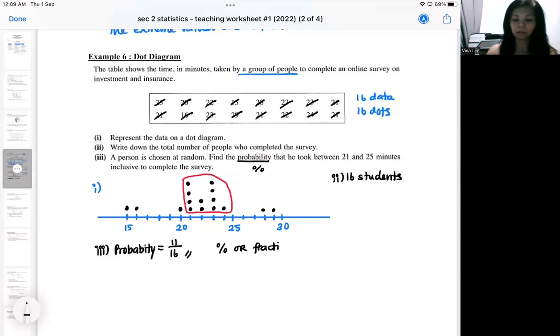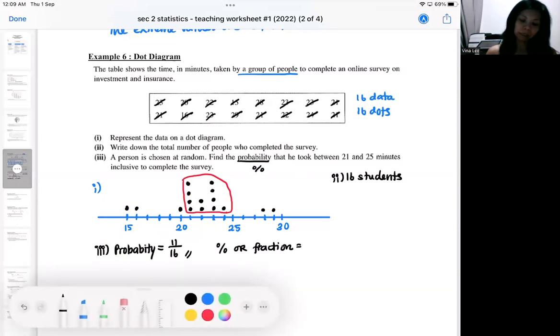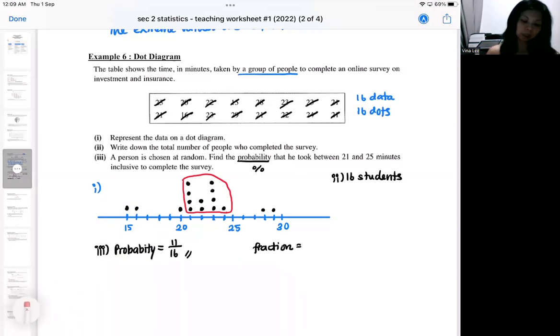What is the fraction of students that took between 21 to 25 minutes to complete the survey? If I do the fraction, it will be 11 over 16. If I do the percentage, it will be 11 over 16 times 100%.